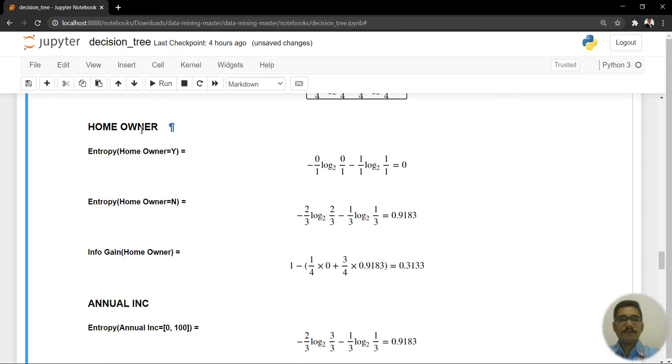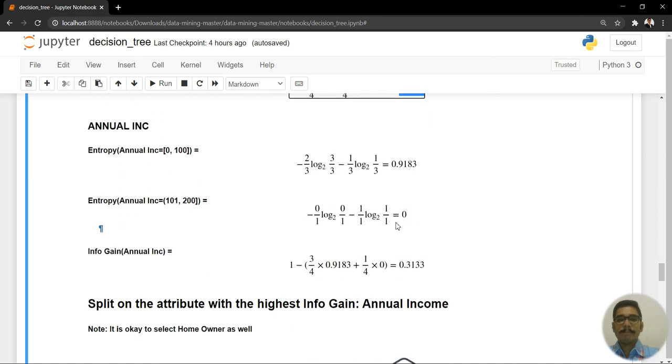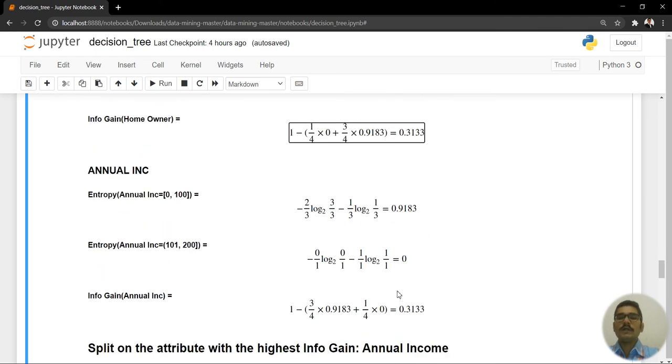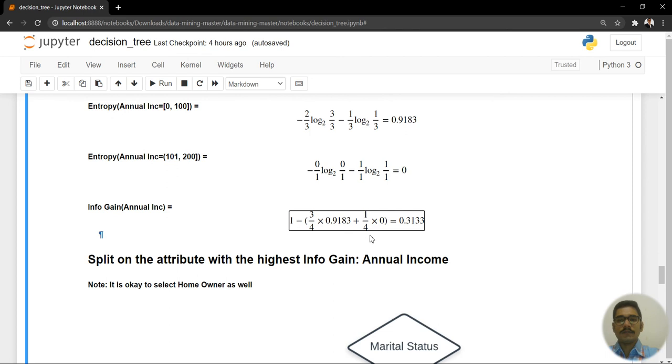So here for homeowner yes, it is 0. For homeowner no, it is 0.9183. You calculate the information gain, this comes out to be 0.3133, and for annual income, you do the computations, you get 0.3133. So now you see both these things are the same.